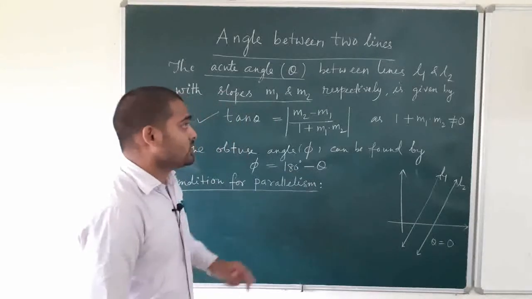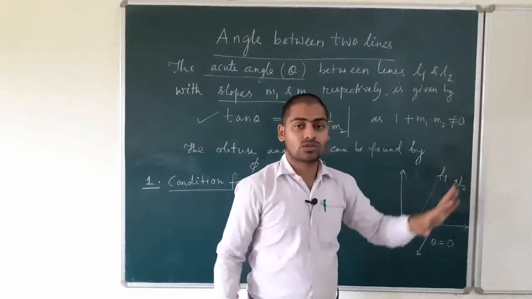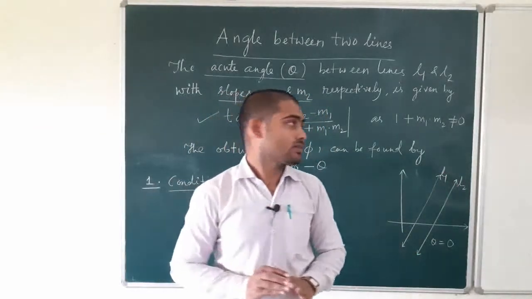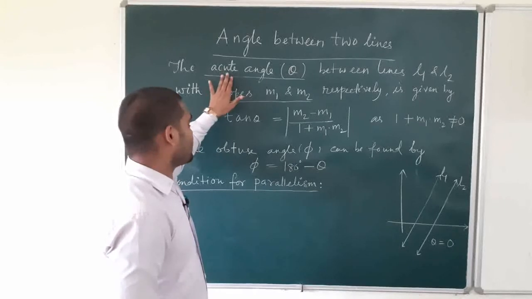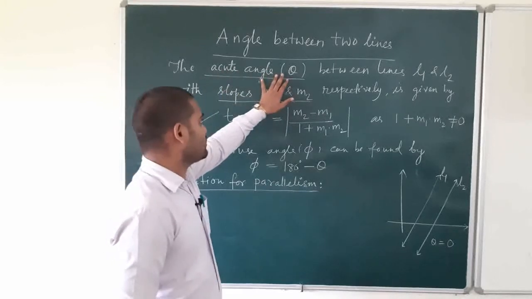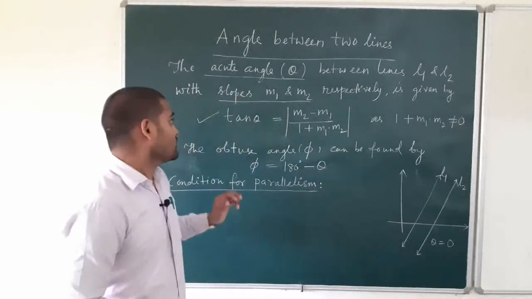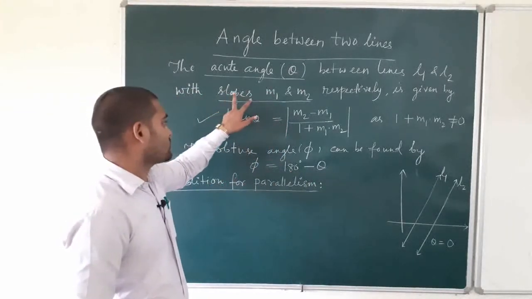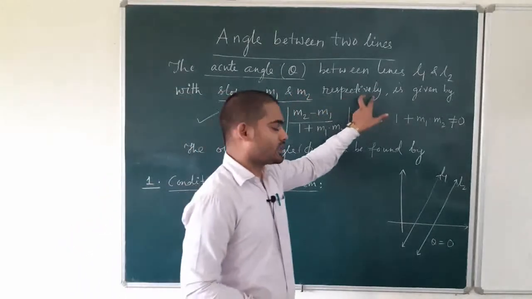So here L1 and L2, two lines, and they make angle theta, let it be an acute angle, and their slopes are m1 and m2 respectively.